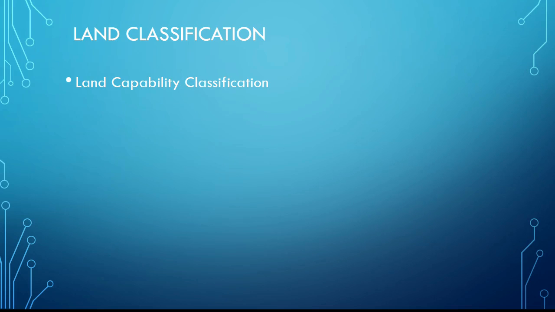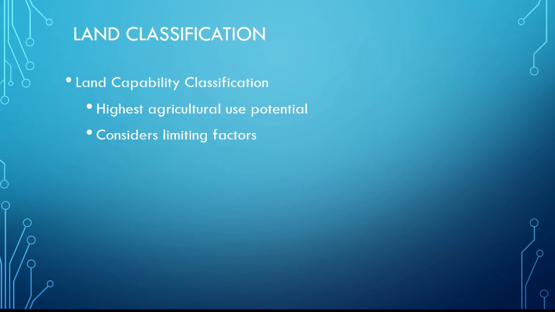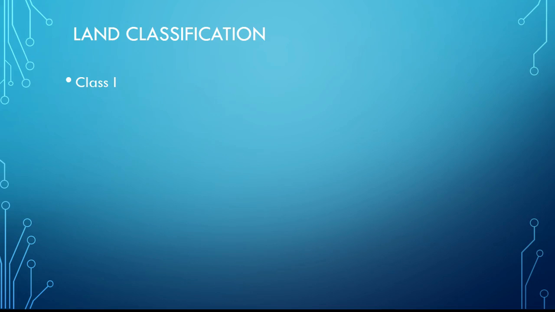Another common system is the land capability classification system. This one rates land according to its highest agricultural use potential. In so doing, it considers the most limiting factors to using that land for crop production. It rates them on a Roman numeral scale from 1 to 8.